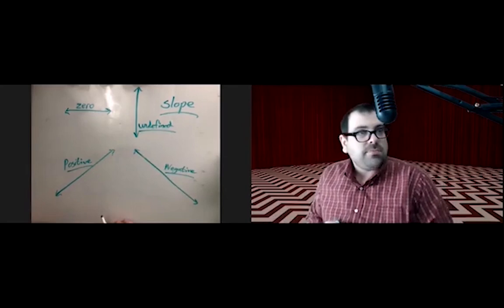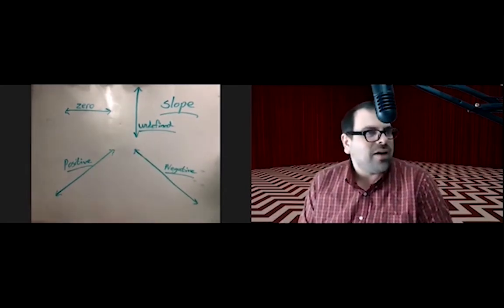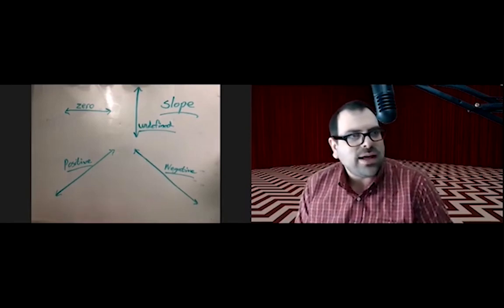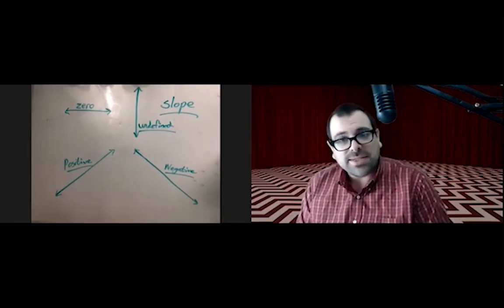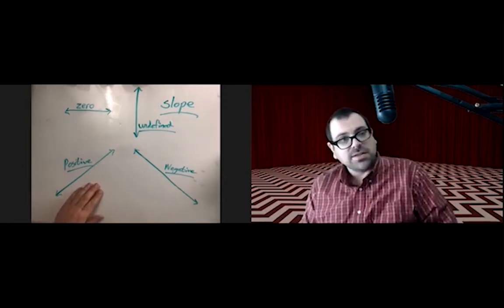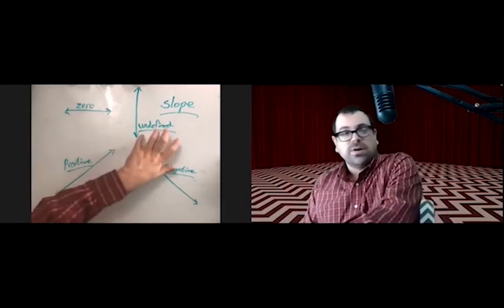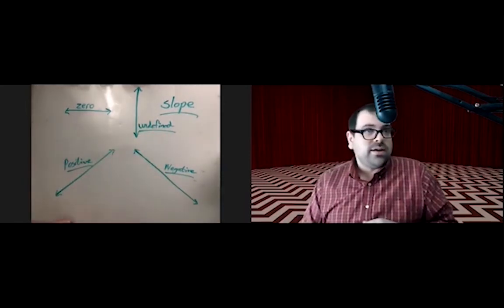And now we're going to talk about what slope is numerically and how to find it. And by the time we're done with that, each of these 4 names is going to make complete sense as to why we call this a positive slope, this a negative slope, this 0, and that undefined.